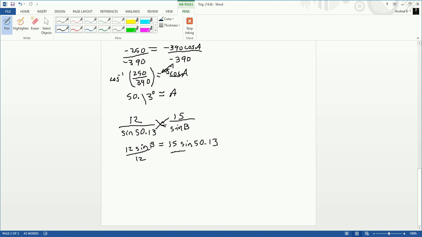This time you're not dividing by the sine function, because the sine function is attached to the angle B. So we have an extra step that we didn't have for number 1. We have to do the inverse sine, that is, to the negative 1 power, of sine of B, which is equal to the inverse sine of what you have right here.